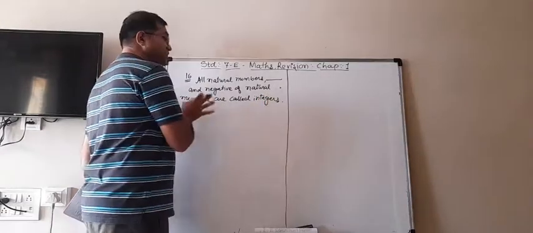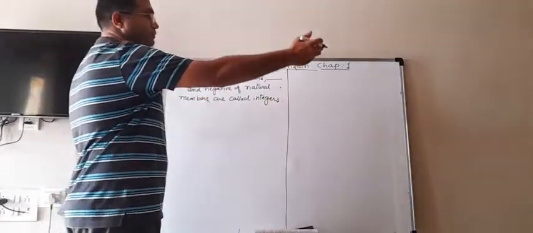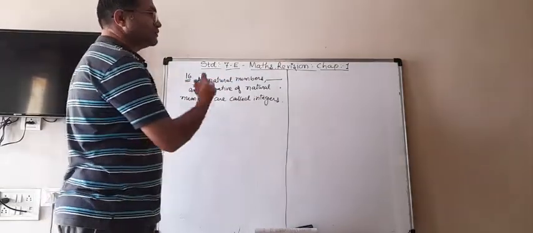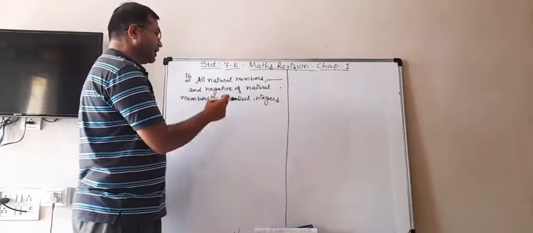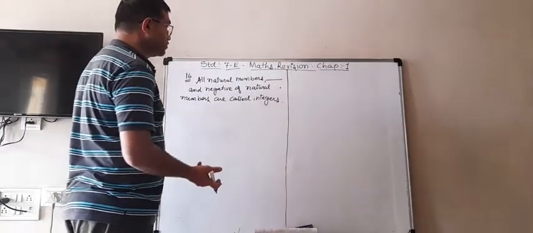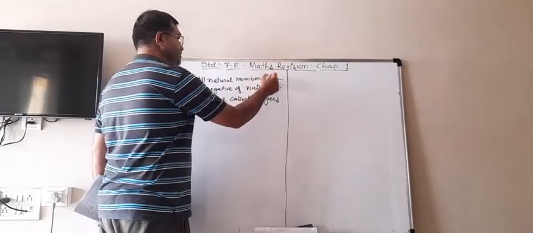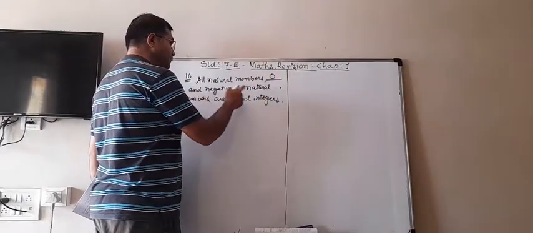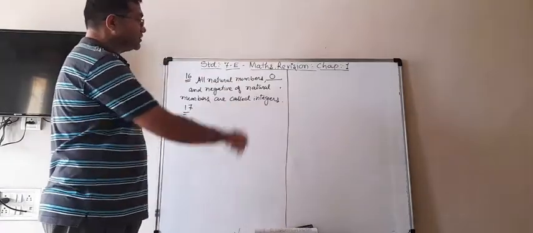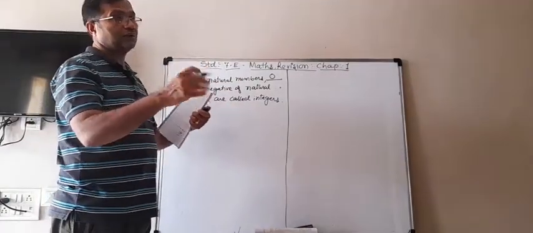Here you can see that natural numbers means 1, 2, 3, 4 up to infinity. Negative of them is minus 1, minus 2, minus 3. And whatever is remaining in the middle, that is 0. So all natural numbers, 0 and negative of natural numbers are called integers. So the answer is the remaining number, that is 0.